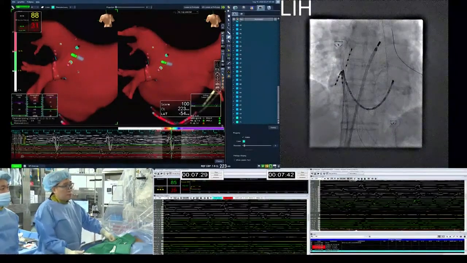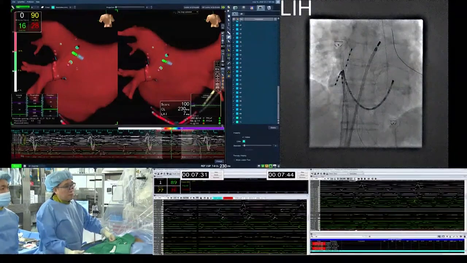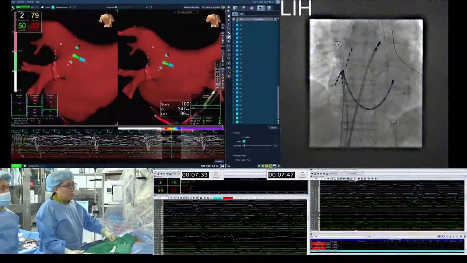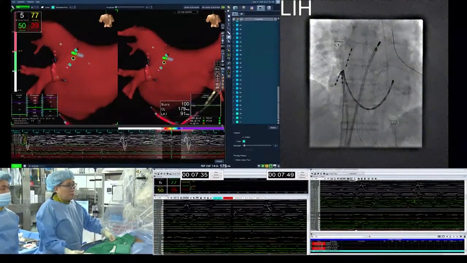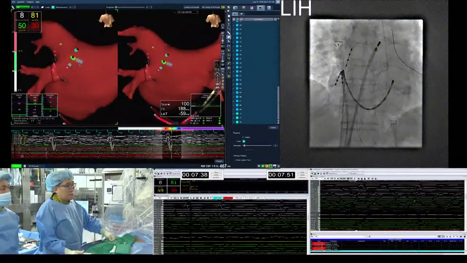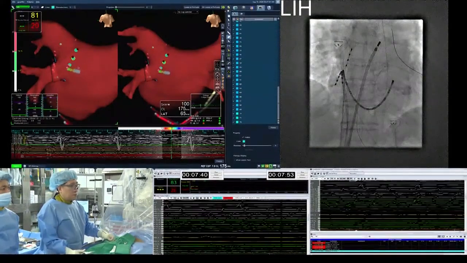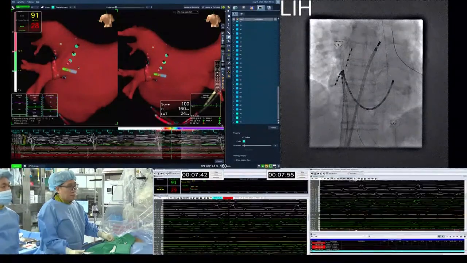If your catheter tip is away from the esophageal temperature probe, you need to ask your nurses and technicians to move the esophageal temperature probe close to the ablation point.